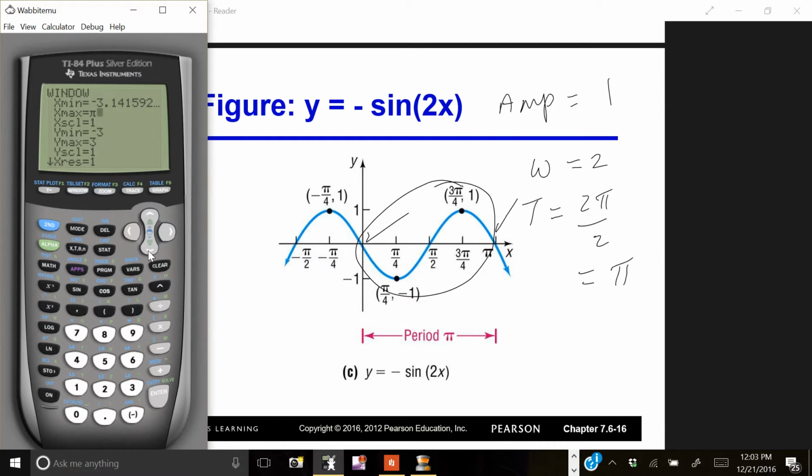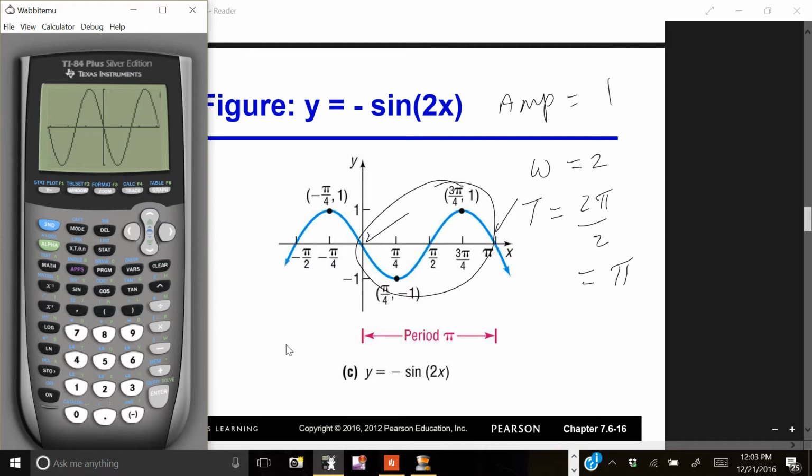And the amplitude here is 1, so minus 1 to plus 1 will allow us to see the full y values of the function. And now I hit graph. We see one period on either side.